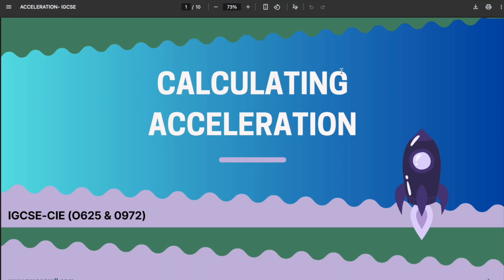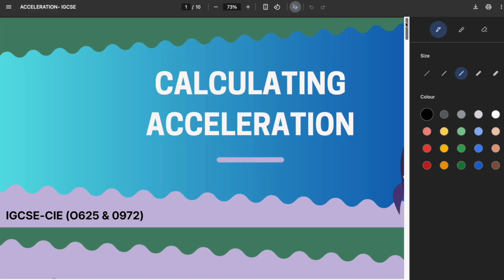Let's quickly work with calculating the acceleration part here. So what is acceleration? Very quickly, the rate of change of velocity. The rate of change of velocity is called acceleration. How do you represent acceleration?